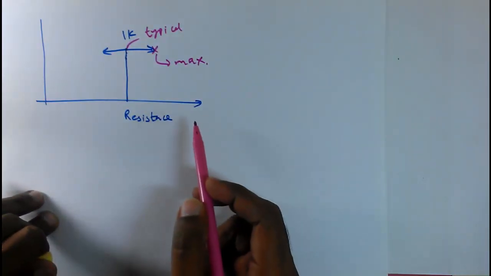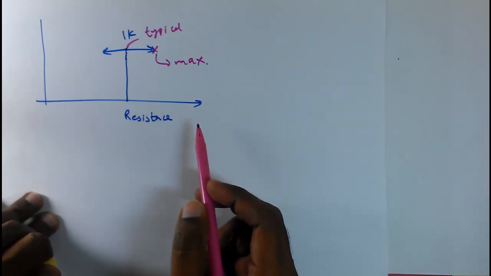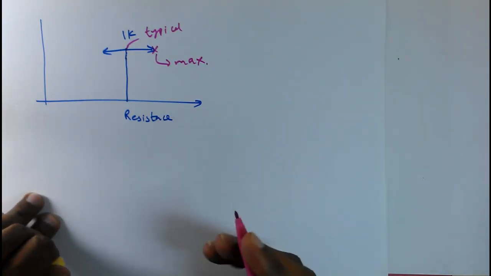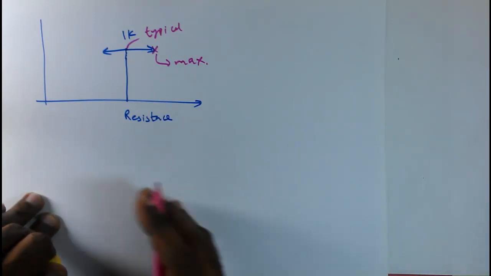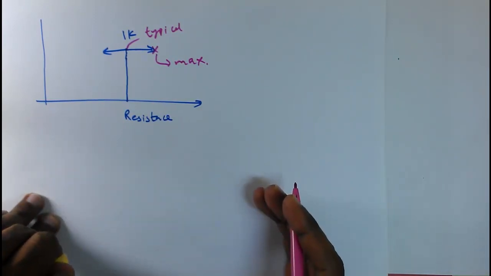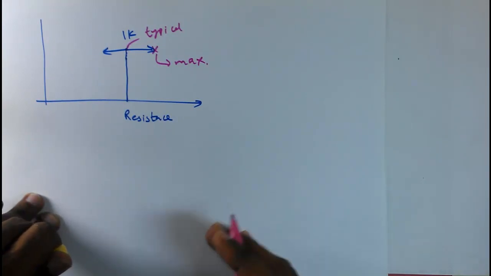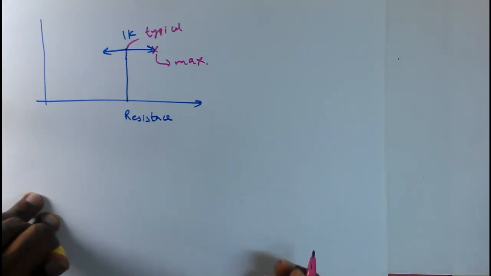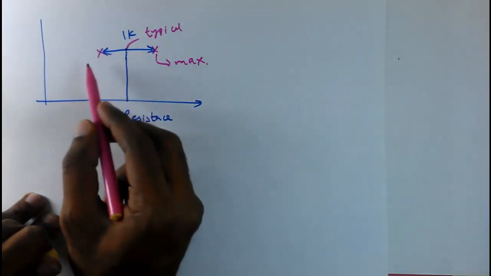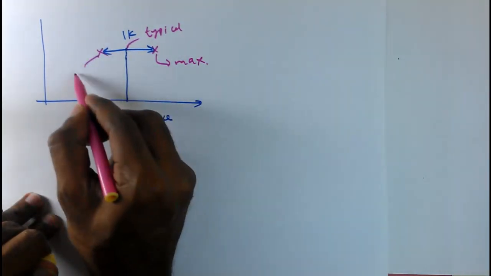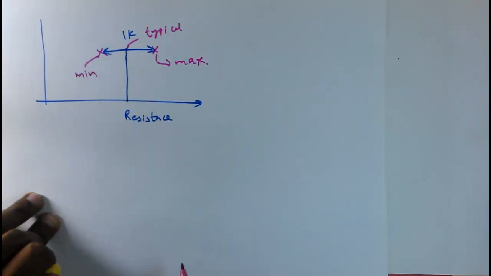This information will be provided by the foundry. They will say that according to their process, if you make a resistance R, the maximum value will be this much percentage. It can be 10% or 20% or even 30%. And like that, the minimum value it can go is the other corner, the minimum corner.